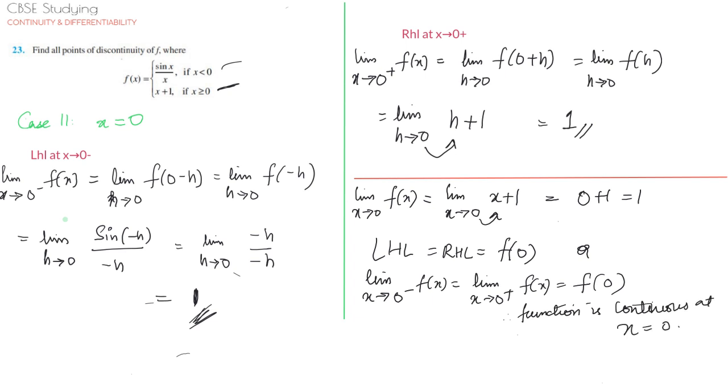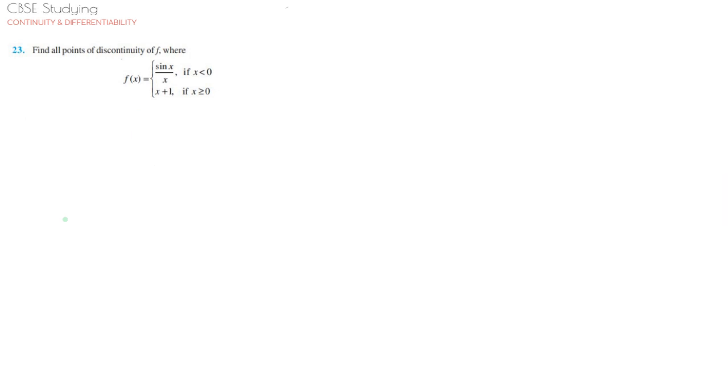The third condition we will check is at x greater than 0. At x greater than 0, what is the function? F of x is equal to x plus 1. You can see that this is very evidently a polynomial function.